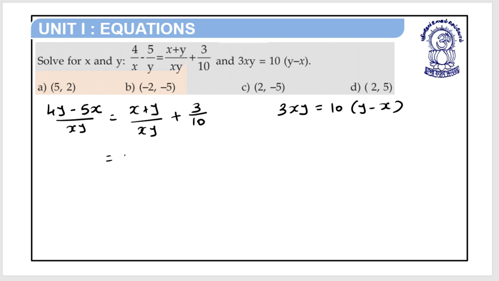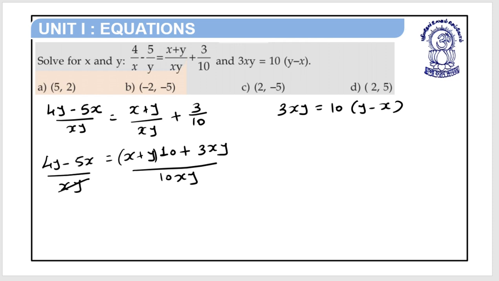So x plus y, 10 plus 3xy upon 10xy, 4y minus 5x upon xy. Here xy cancel, 10 multiplied with 4y and 5x, so 10 4s are 40y minus 50x.